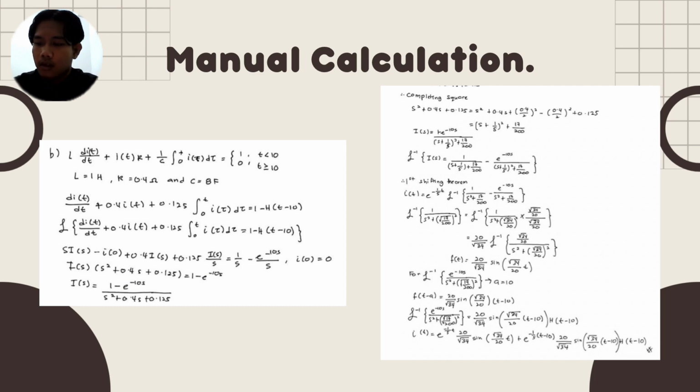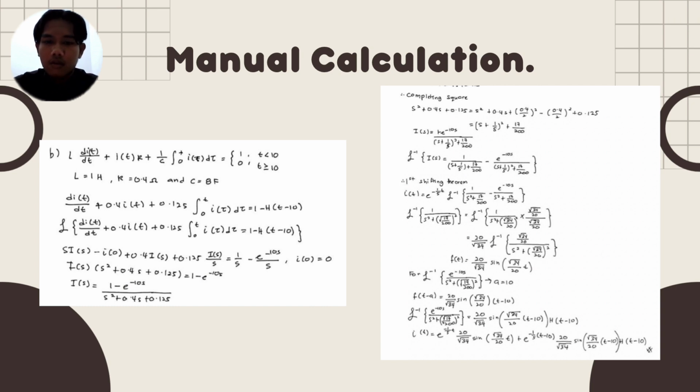For the values L equal to 1 H, R equal to 0.4 ohm, and C equal to 8 F. The Laplace of di/dt plus 0.4i plus 0.125 integral from 0 to t of i dt equals 1 minus h(t minus 10). So sI(s) minus i(0) plus 0.4I(s) plus 0.125I(s) over s equals 1 over s minus e to the power of negative 10s over s.